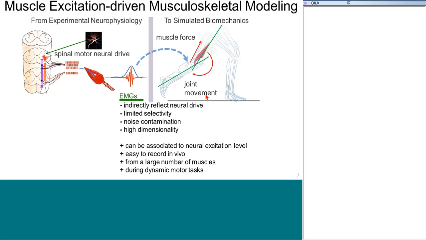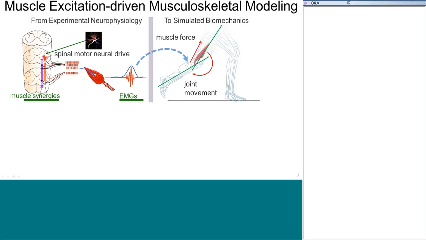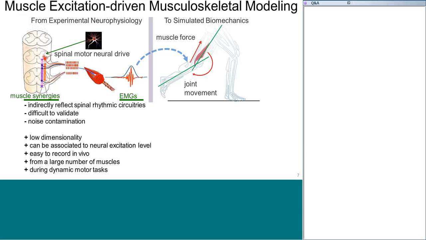I will then talk about how it is currently possible to reduce the complexity of the EMG signals by exploiting the theory of muscle synergies, and this allows us to gain an insight on how the sensor pattern generators, which we believe to be encoded in the spinal circuitries, act towards the activations of multiple muscles during motor tasks.